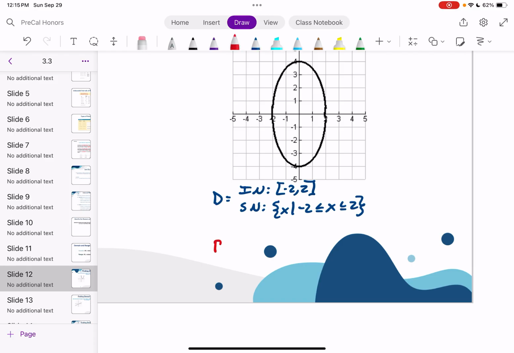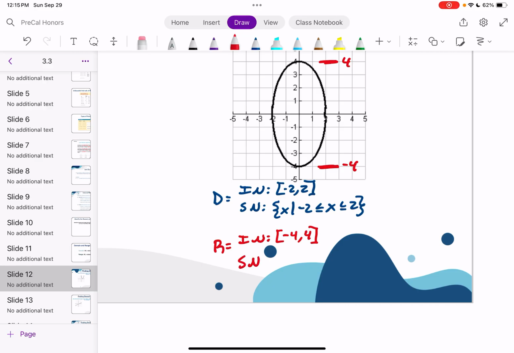Our range in interval notation, keep in mind we go from least to greatest. Least would be at the -4, greatest would be at the 4. In this case, we would have brackets from -4 to +4 and close off our brackets.